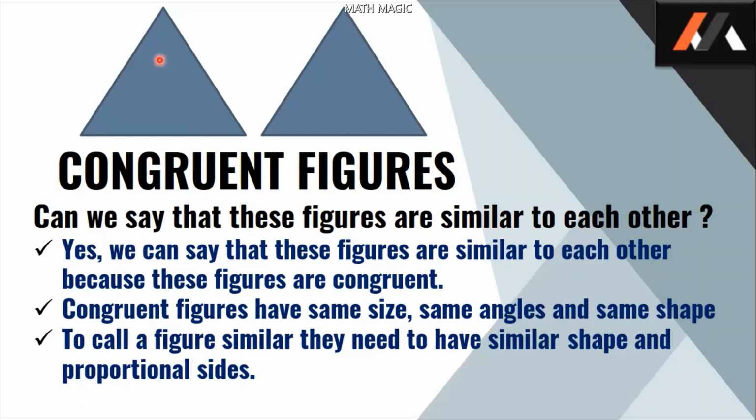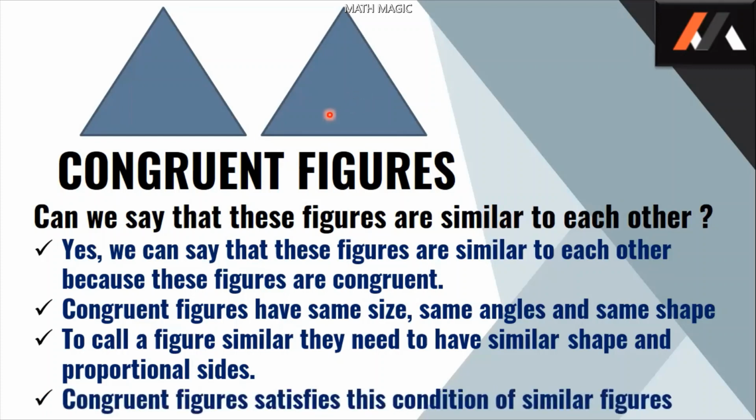So what I'm trying to prove is that I can say that this is a similar figure since it has equal sides and equal angles. They also have a similar shape. Congruent figures satisfy this condition of similar figures.